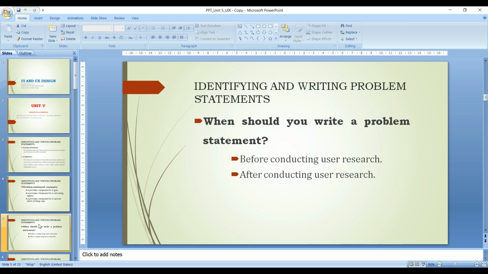After conducting the user research also, we have to write a problem statement. That means whether all the existing things are covered in our design or not, or whether we have missed out any important points, something like that. So twice you have to write the problem statement, that is before starting and after completing.